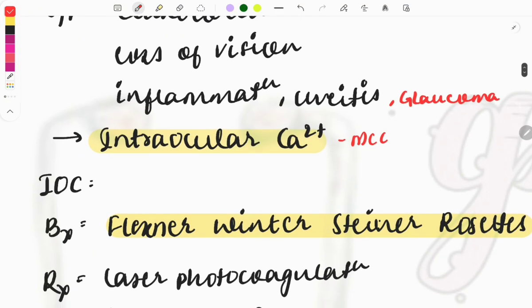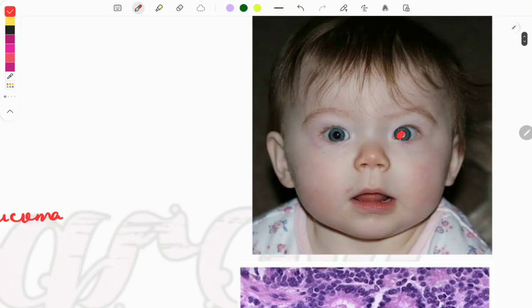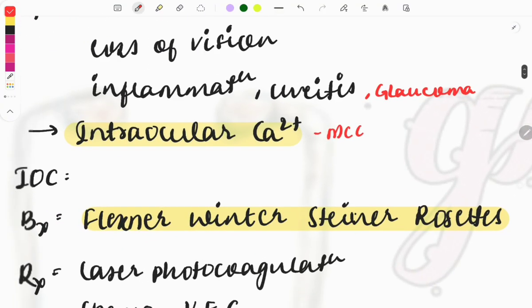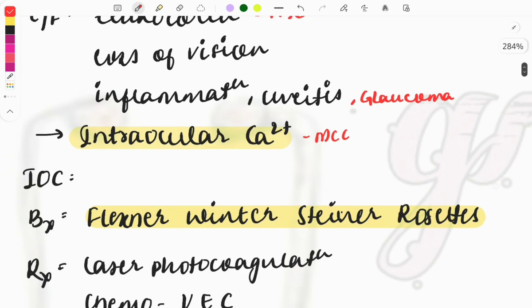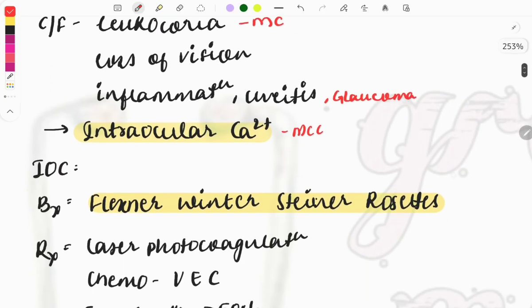Another most common manifestation seen is intraocular calcification. This leukocoria which you are seeing is due to the calcification itself. These are the clinical features by which the patient presents.